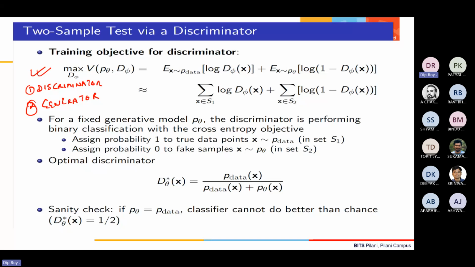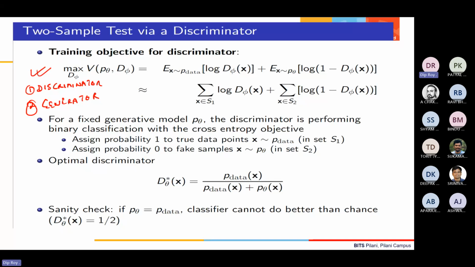This is the iterative training that is going to take place. Every time the generator generates something from the model distribution, it gives it to the discriminator. The discriminator already has access to the true distribution. It is going to check both the samples. It's a classifier, nothing more than that.